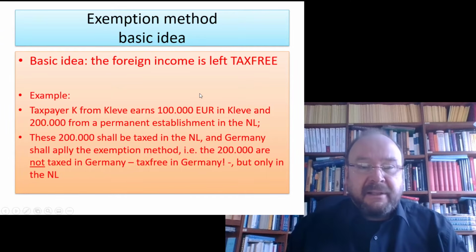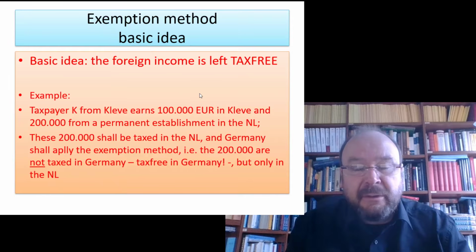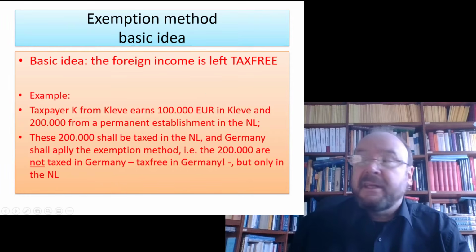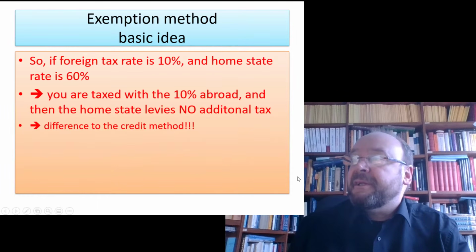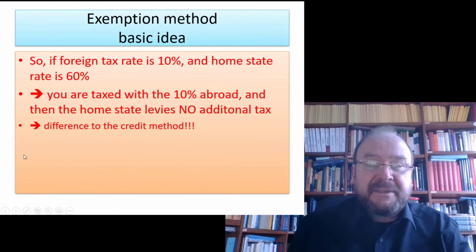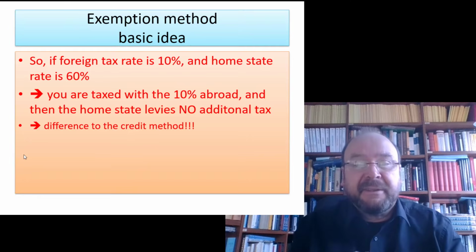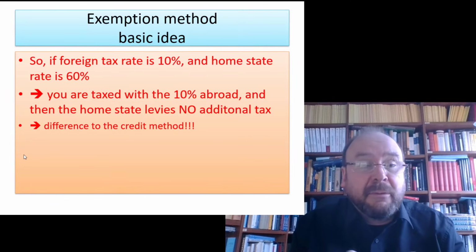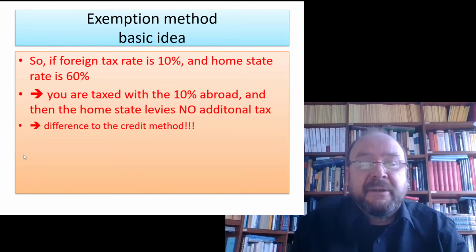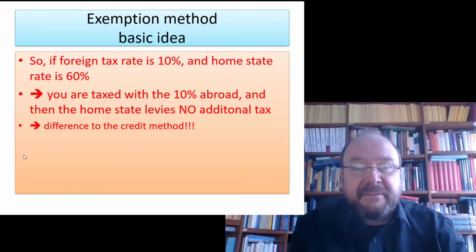You may now get a problem when you look at that method, because if you look a bit at the details, then constellations become possible, like you have a foreign tax rate. Imagine that were the case now in the Netherlands, although it's naturally a fiction what comes now. Imagine the foreign country has a low tax rate of 10%, and the country where you live has a rate of 60%.